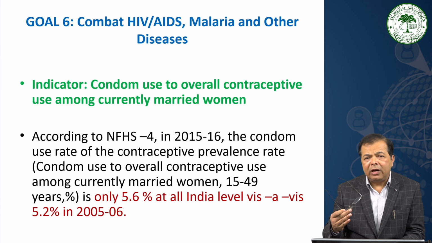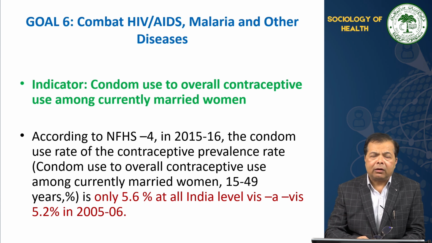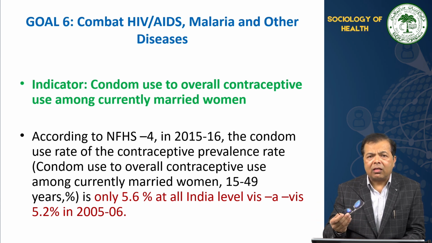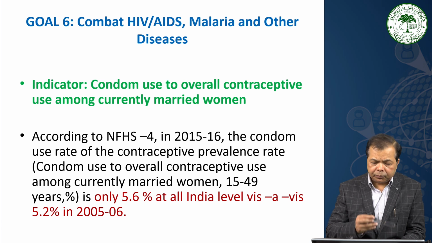So there are different means of contraceptives used in India. However, many of those means, like the oral pills, are not successful in preventing the transmission of the virus. That is why this indicator came into existence, and this is very important.